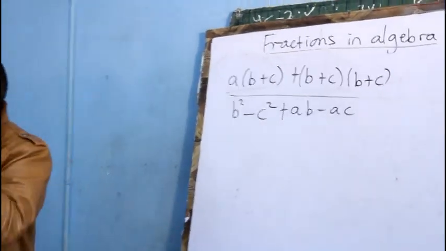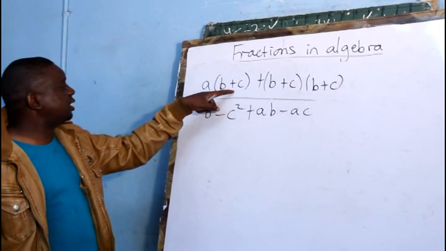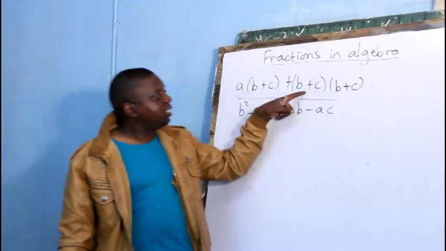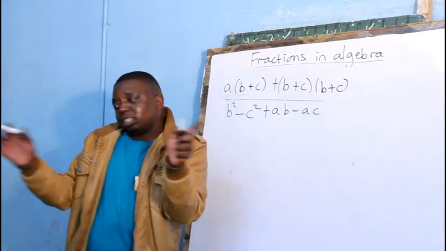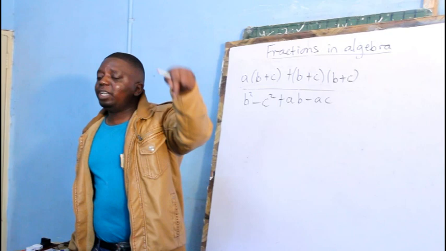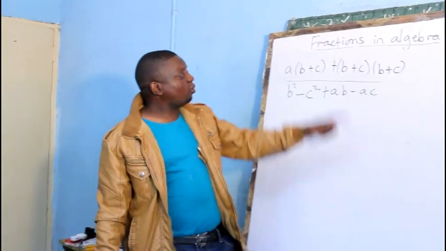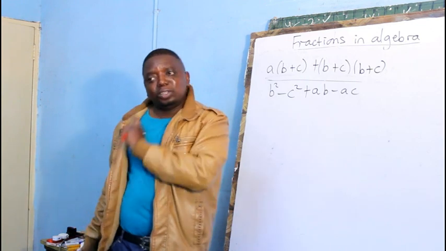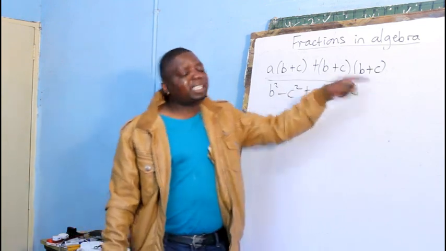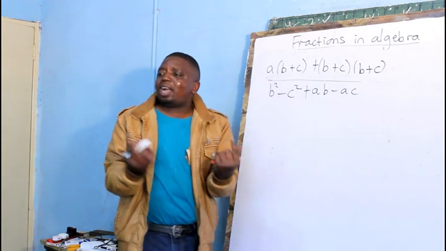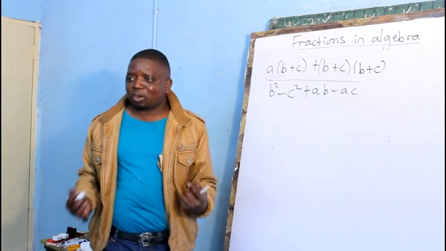But these are factors. These two factors multiply to give a certain value, and these are also two factors, those that multiply to give a value. So they are factors. Which are the common factors?